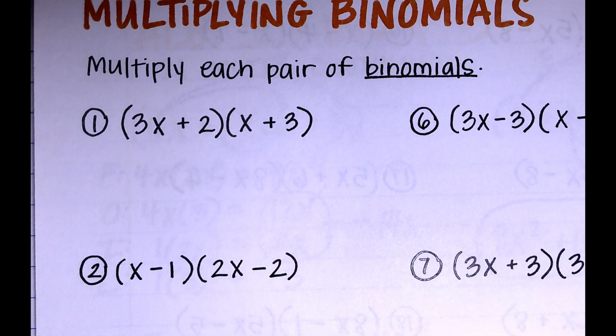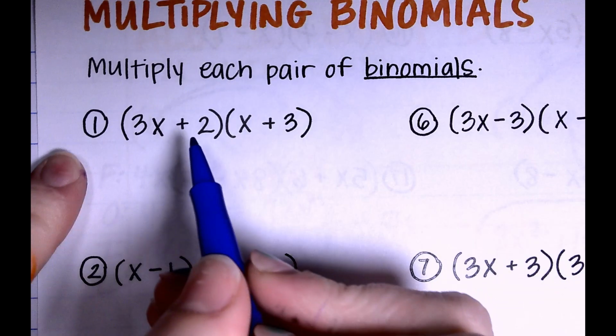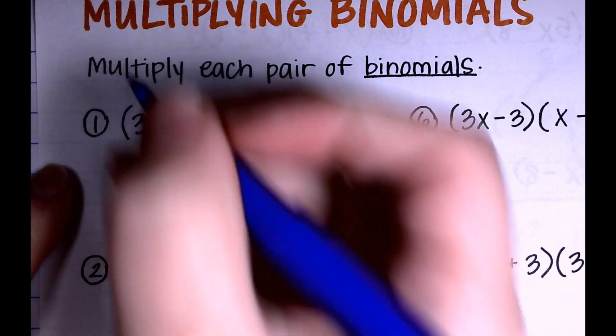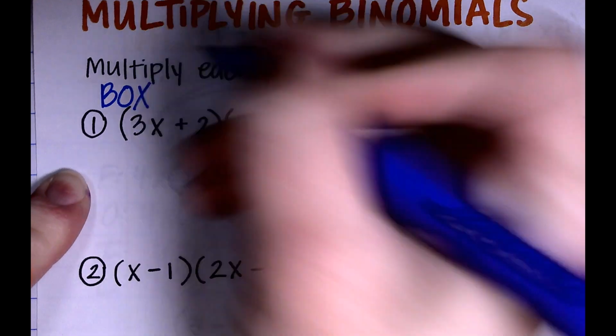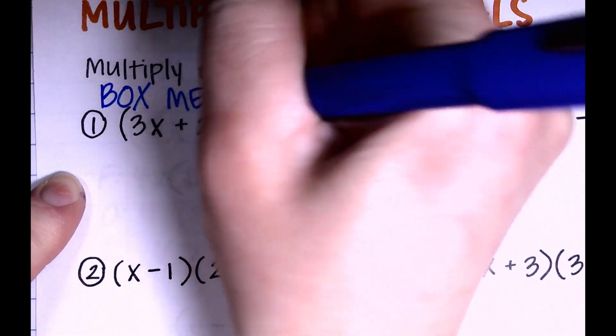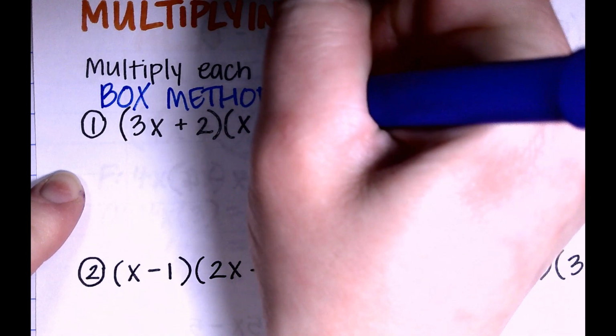Yes, this is a different method, but it will give you the same answer. They both work no matter what. It's just whatever you prefer. So the next method is called the box method. I'm going to show you that one here.